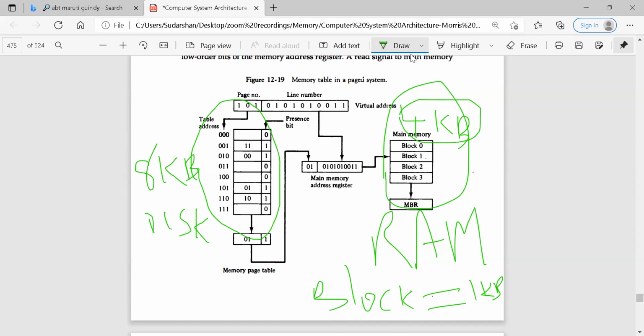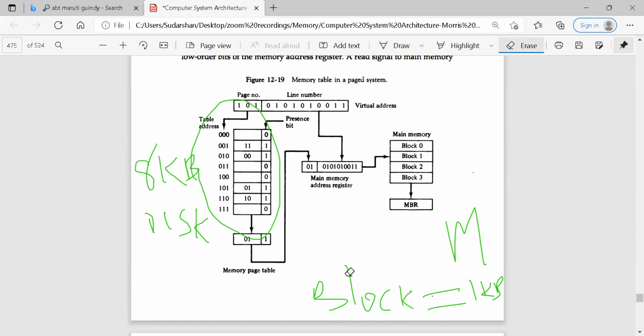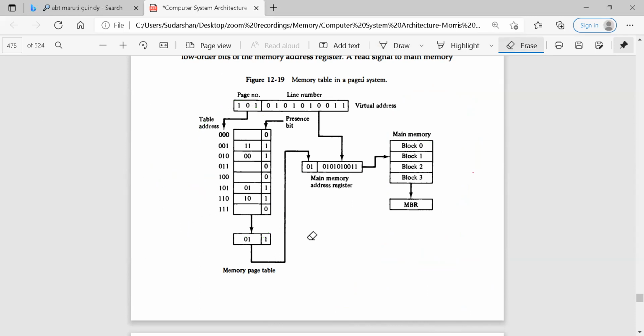Hope you have understood. Before I conclude, virtual memory helps the programmer not to be too bothered about the available primary memory.